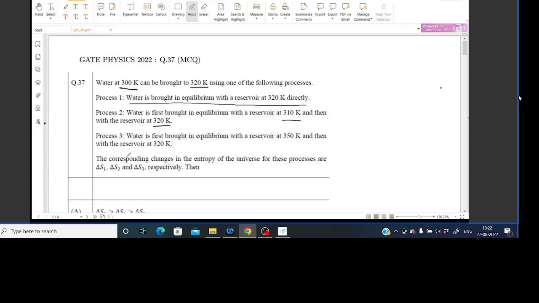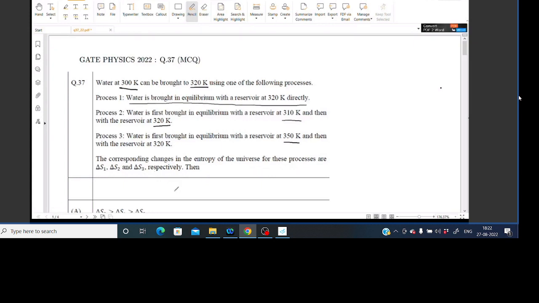In process 3, the water is first brought in equilibrium with the reservoir at 350 Kelvin and then with the reservoir at 320 Kelvin. The corresponding changes in the entropy of the universe for these processes are delta S1, delta S2 and delta S3 respectively. We have to find out the correct order of the change of entropies of the universe for these processes.